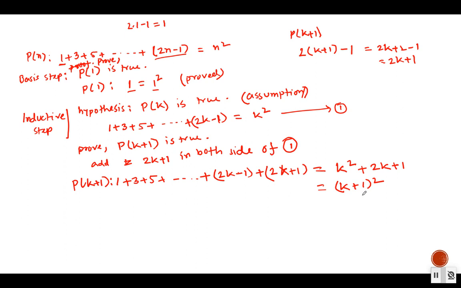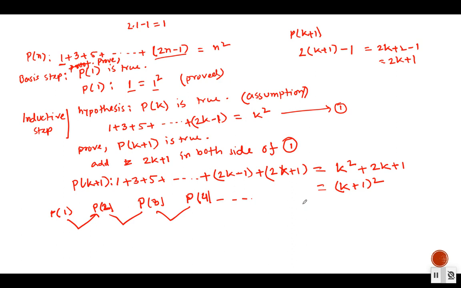All right, so now how is this making a conclusion? We are saying that if P1 is true, P1 proves that P2 will be true. So if P2 is true, P3 will be true. If P3 is true, P4 is true.